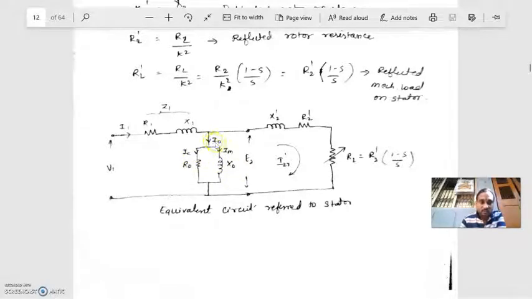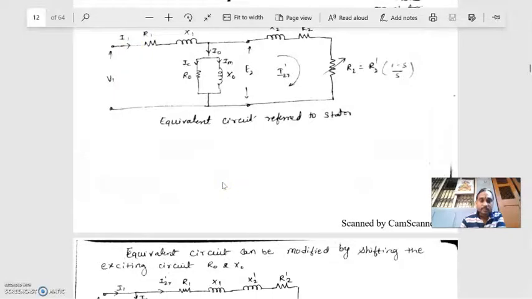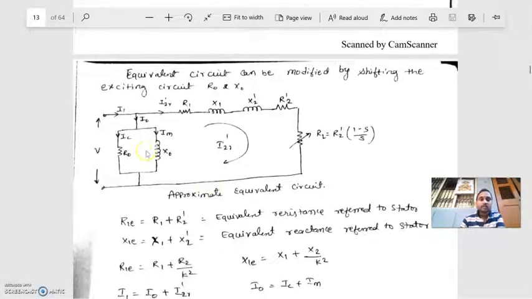The no load component current I0 plus I2 dash gives I1. Now we shift the no load component to the left hand side. I2R dash and I0 combined give the total current I1.